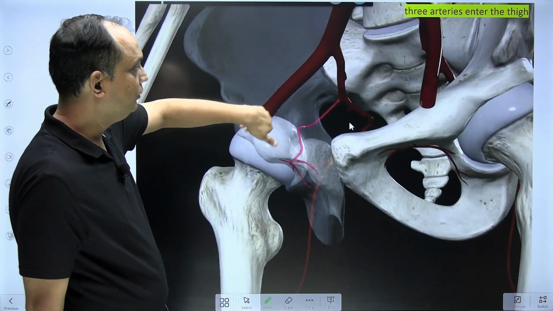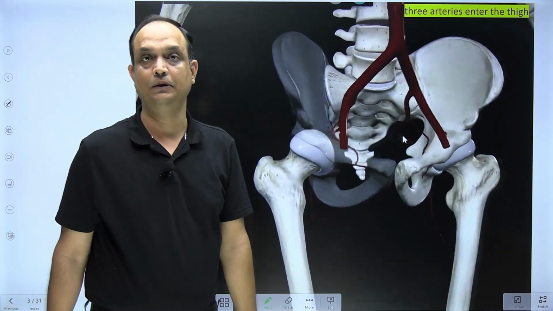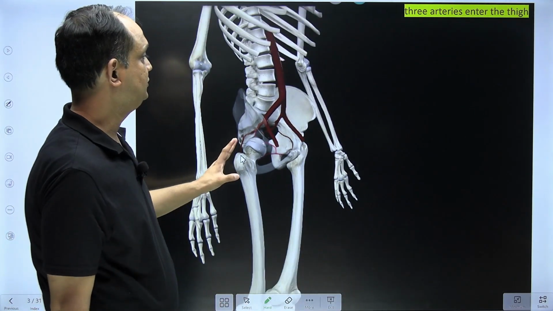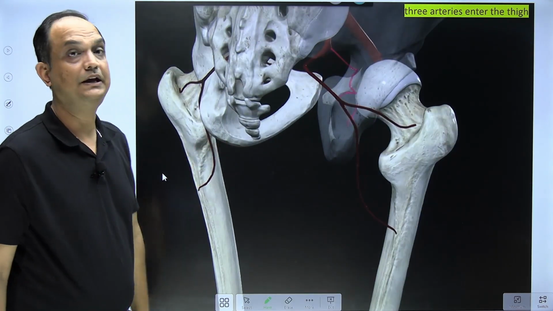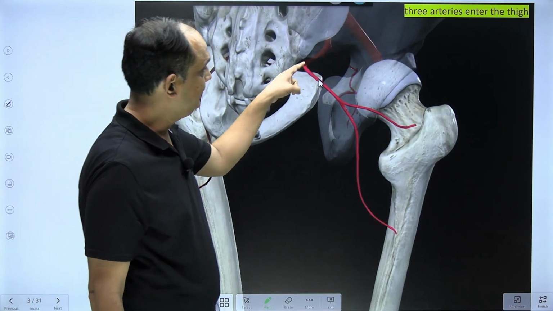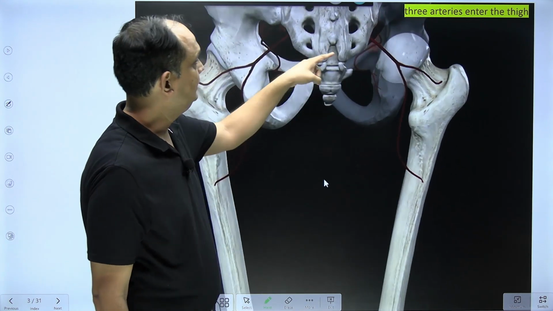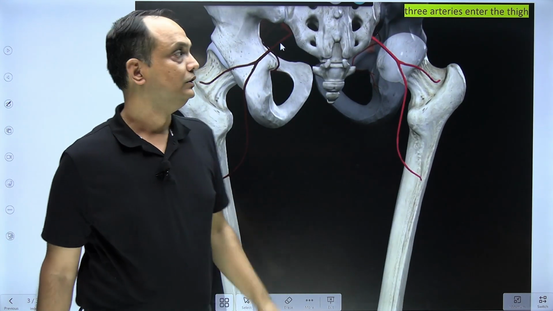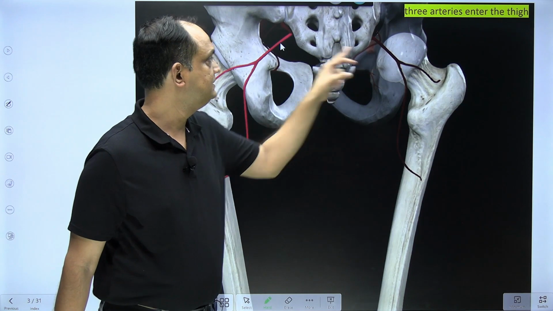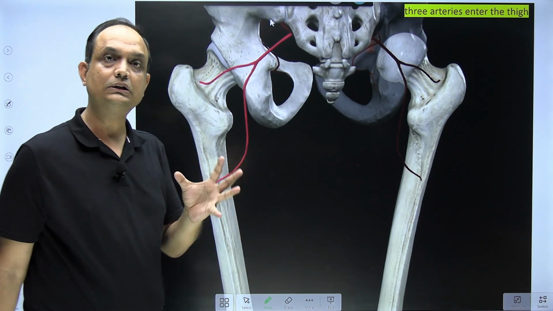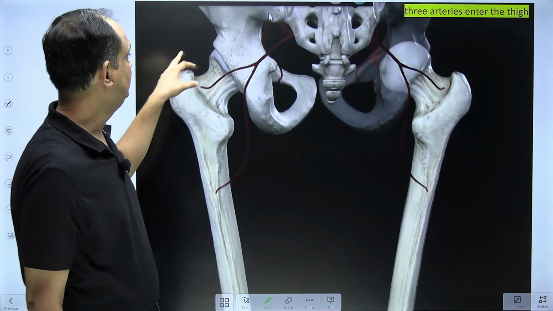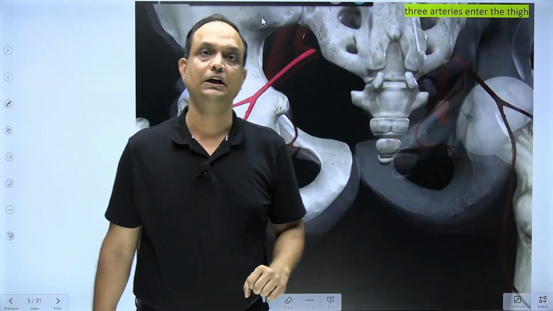And when you go on the posterior side of the hip bone, you have the greater sciatic notch. Through this greater sciatic notch, a major blood vessel entering into the thigh is your inferior gluteal artery. So the inferior gluteal artery, obturator artery and branches of the femoral artery, all three will contribute to the anastomosis around the hip joint.